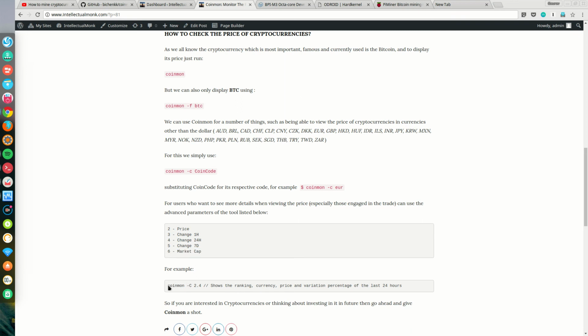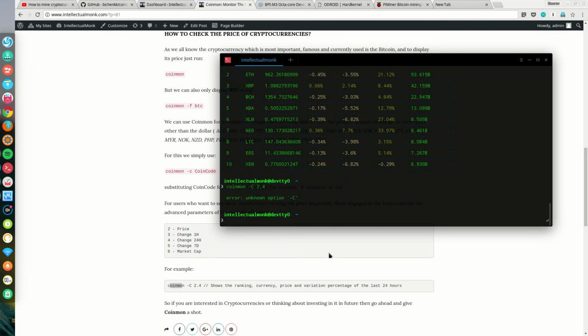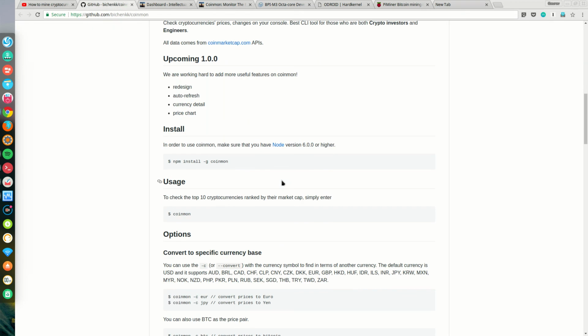So the command is Coinmon minus C 2.4. So it will give us the price in last 24 hours. Minus 2.4. Again it should be small c. I think there is some error in it. Let me check it.